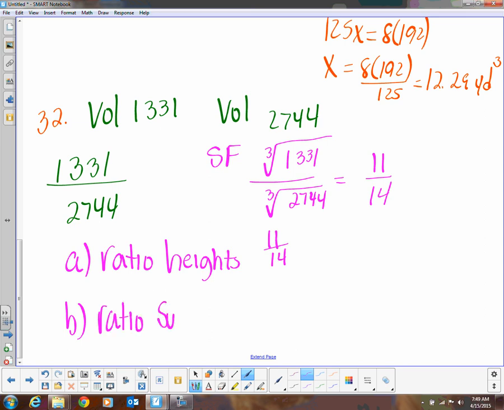Now they want the ratio of the surface area. What do you do? So it's going to be 121 over... Yes. Yeah, you could do that too.